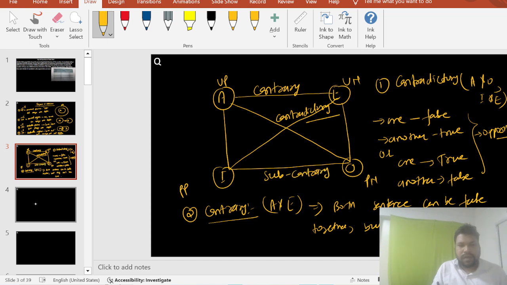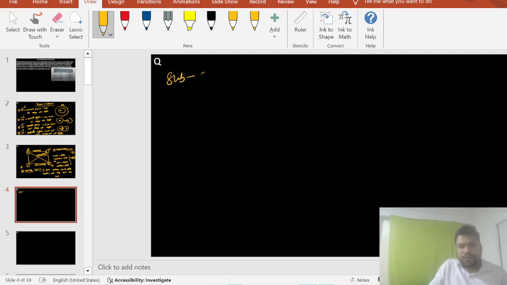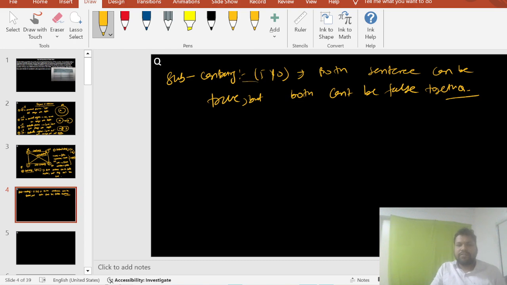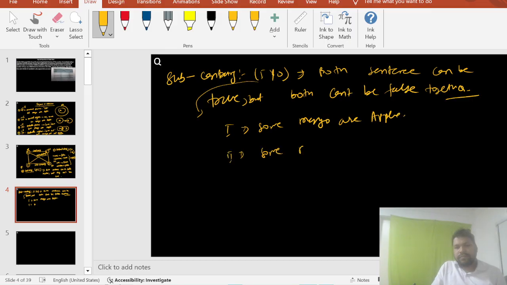Now the relation between I and O is called subcontrary. Subcontrary means it's just the opposite. The relation between I and O means both sentences can be true, but both can't be false together. For example, I can say some mango are apple, and another sentence says some mango are not apple.